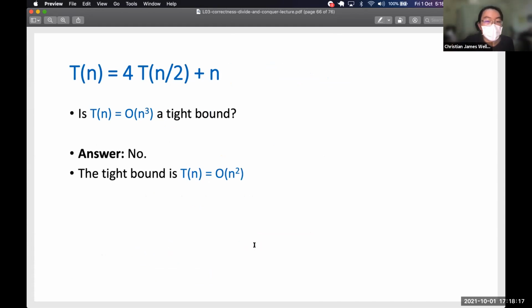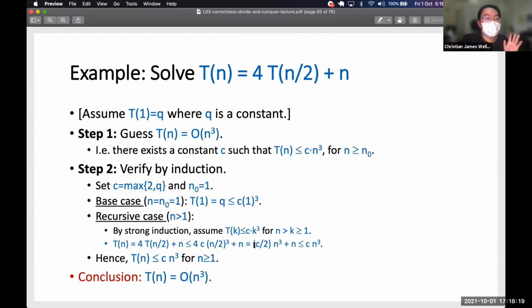This is the sucky part of the substitution method: you have to first guess, and you might not guess correctly. What if the answer is actually O(n cubed) and your guess is O(n)? This is bad, because we are guessing something that is not going to be correct.